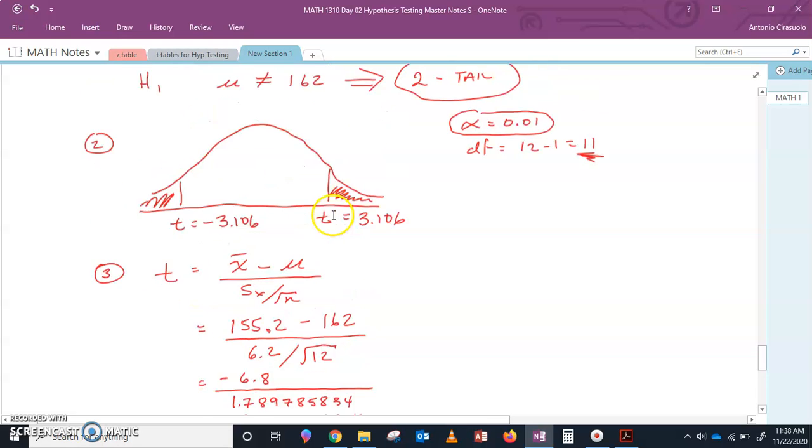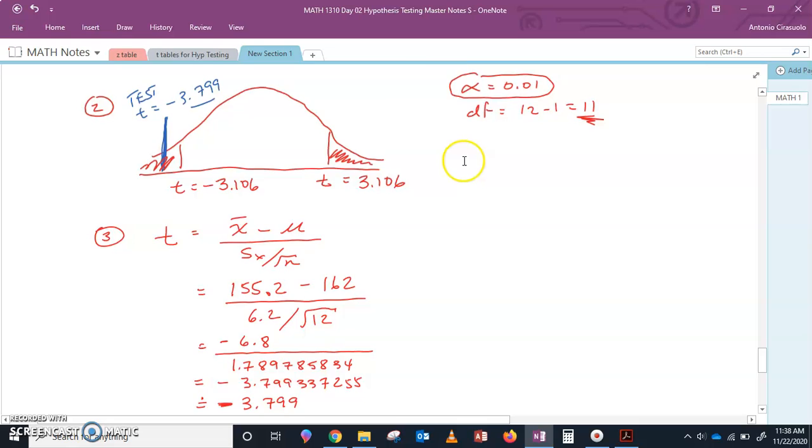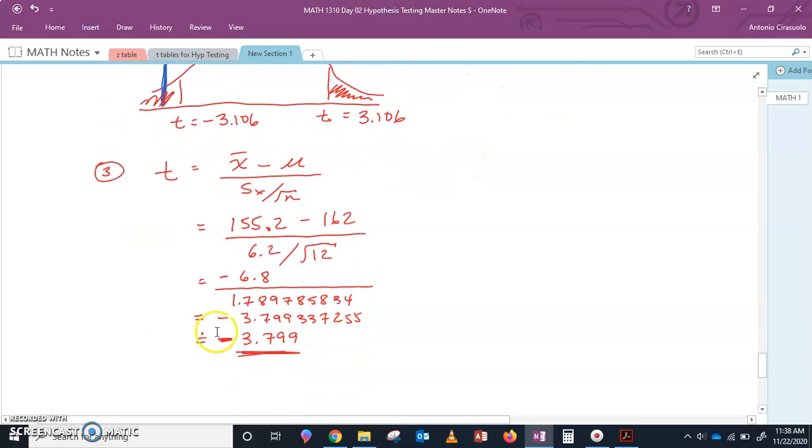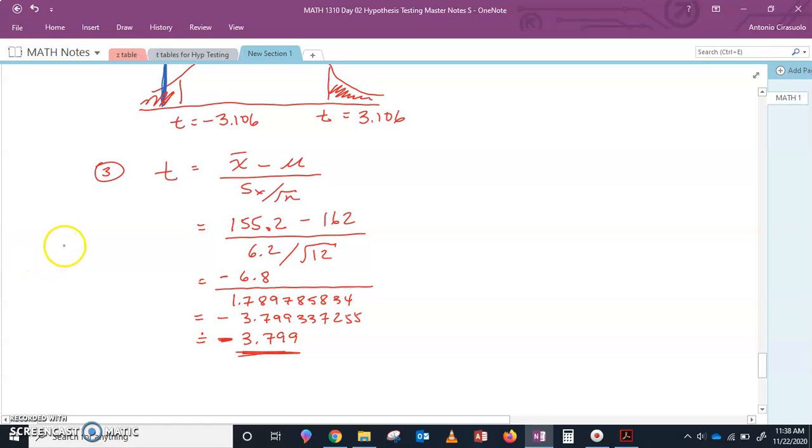So we're going to plot that in our graph over here, or our curve, and it turns out that our test value is there, so we are in the rejection region, right? So we're going to reject our null hypothesis.